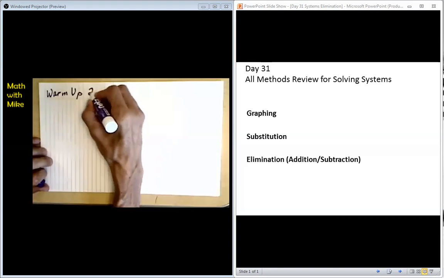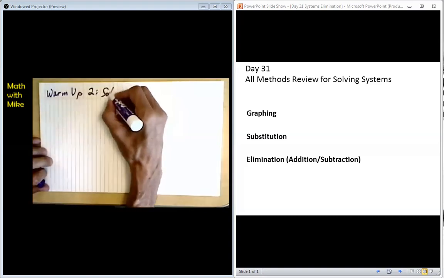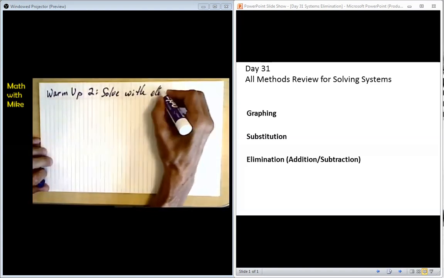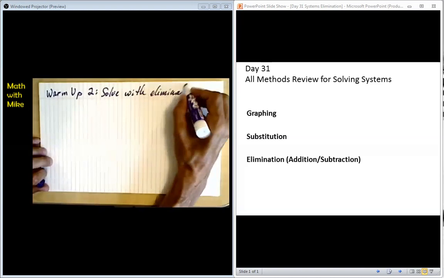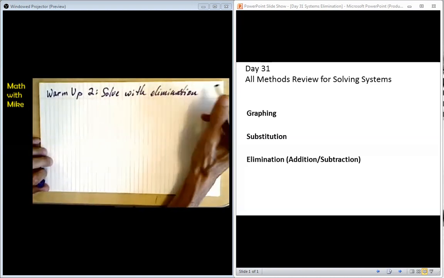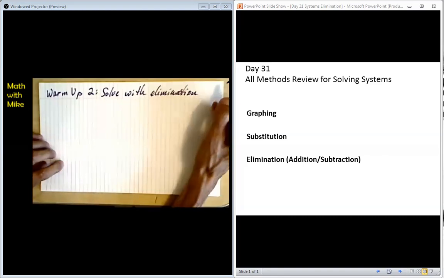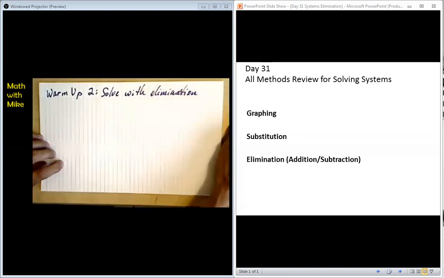From class, it was mentioned that you've got to put equations in order, then you multiply and stuff. That's this one. I think they're already in order to start with.